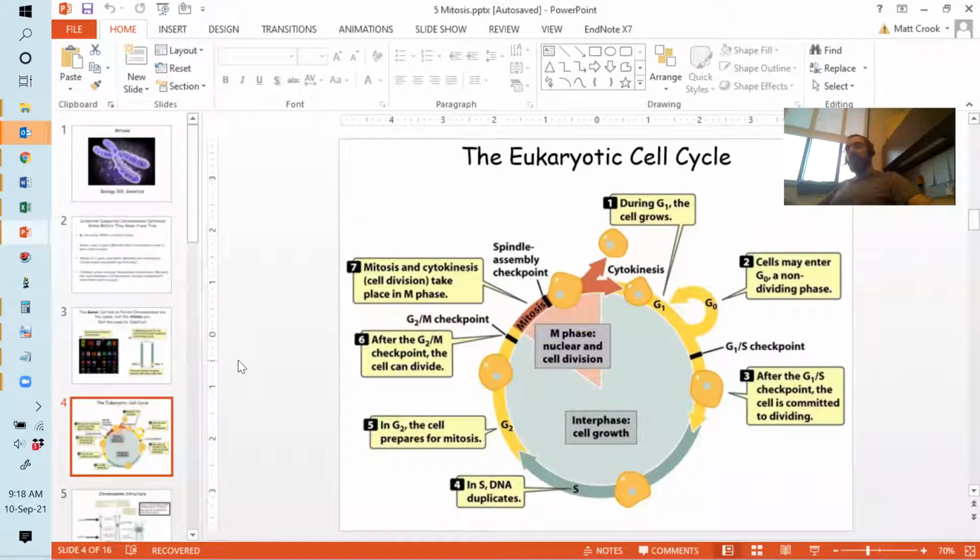So just as a question to the class, what do you think happens if these cell cycle checkpoints stop working? What's the most likely disease that you can think of? You may have had a relative or friend of the family. Yeah, exactly. Cancer.